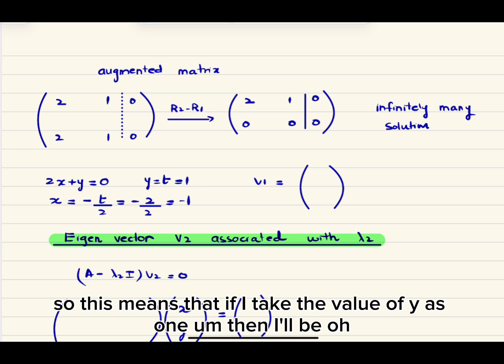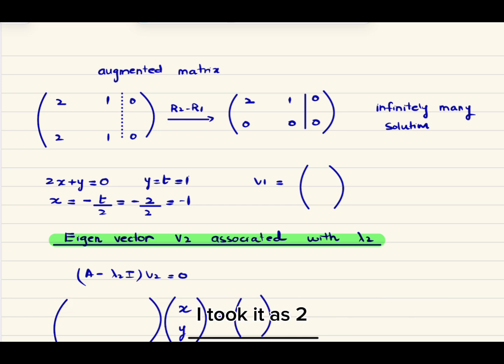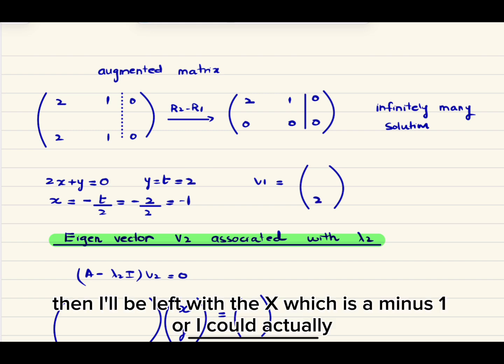So this means that if I take the value of y as 1, or 2, sorry, I took it as 2. My bad. Then I'll be left with x, which is minus 1.